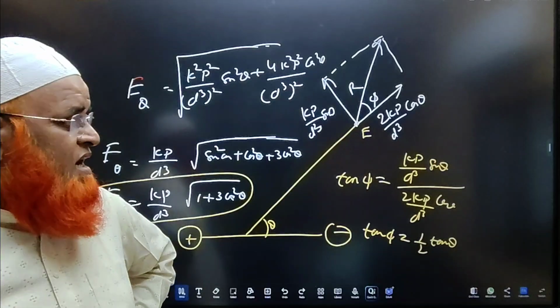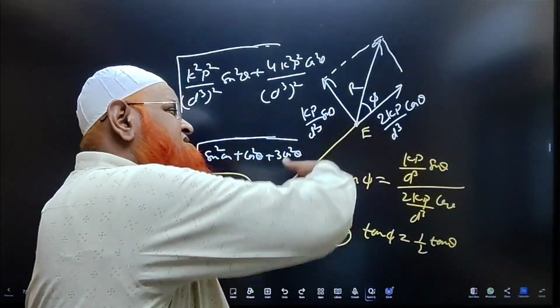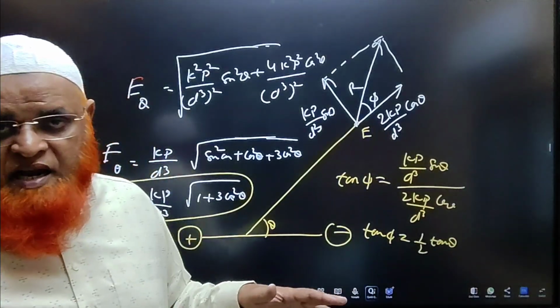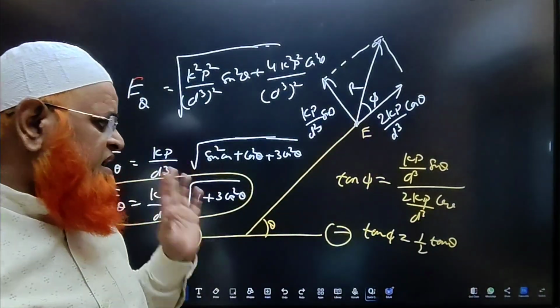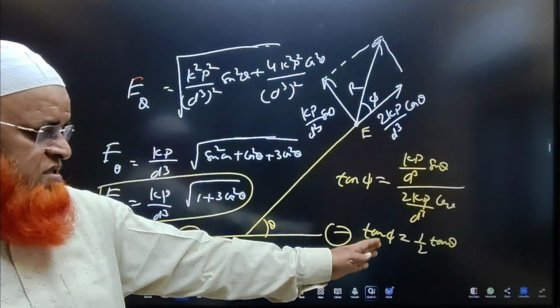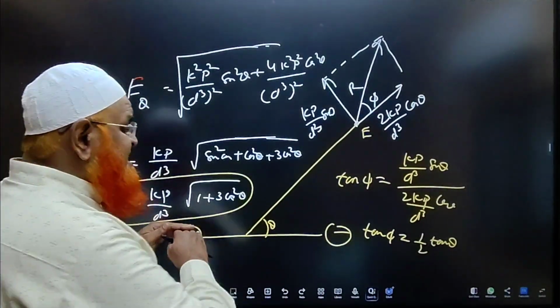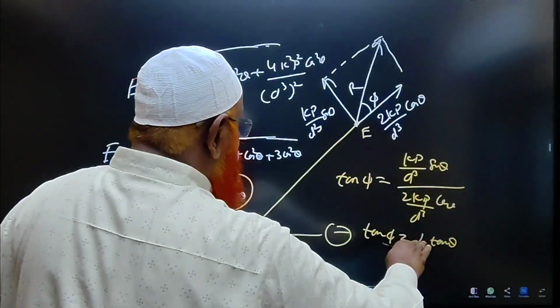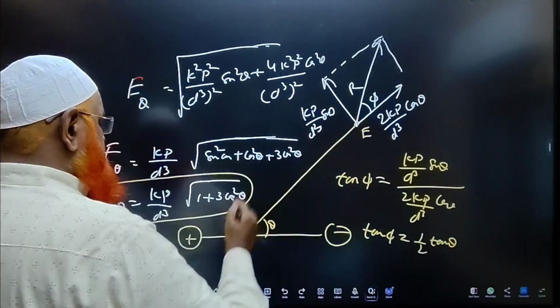Conceptual question: what is the relation between the angle made by the resultant at a certain angle with the equatorial line? What is the angle relation, between this angle and this angle? It means tan phi is equal to half tan theta. What is the net angle made with the axial line? The net angle means this theta and this phi combined together.